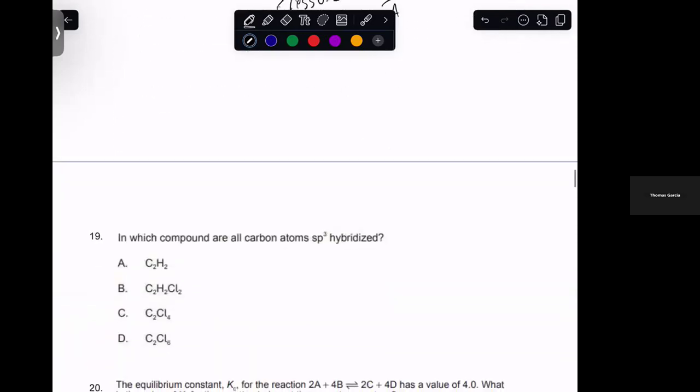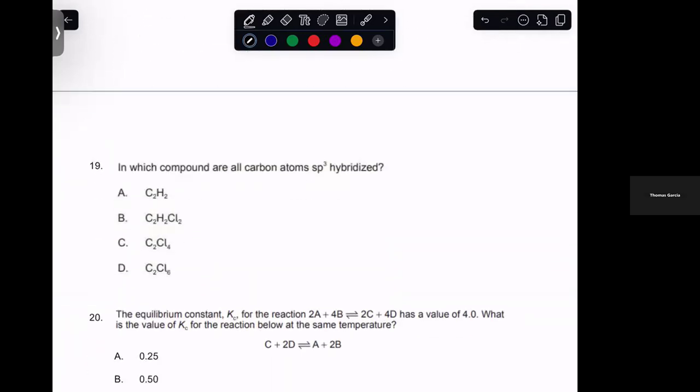All right. So number 19, which compound are all carbon atoms sp3 hybridized? So when we're looking for sp3, what we're really just looking for is carbon to have 1, 2, 3, 4 bonds. So in C2H2, the only way we can get that is having 2 bonds. These are just sp hybridized.